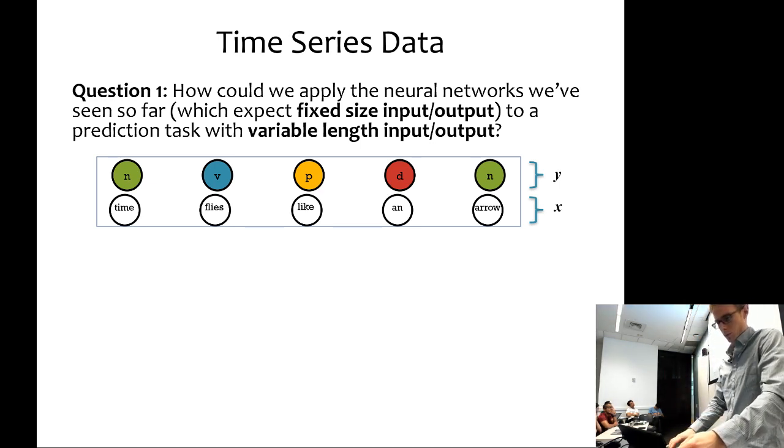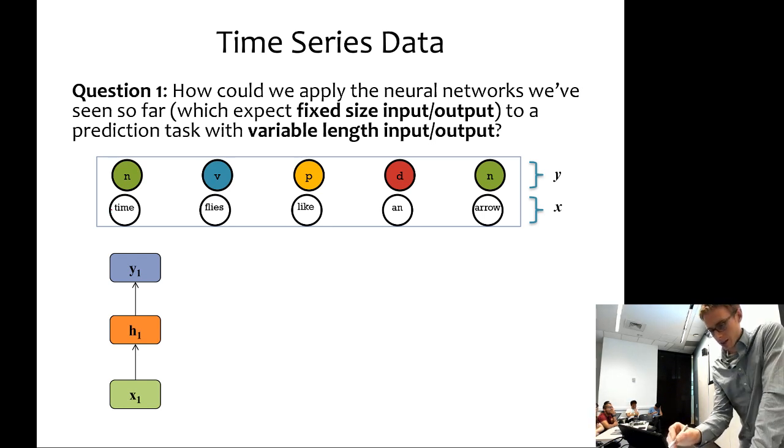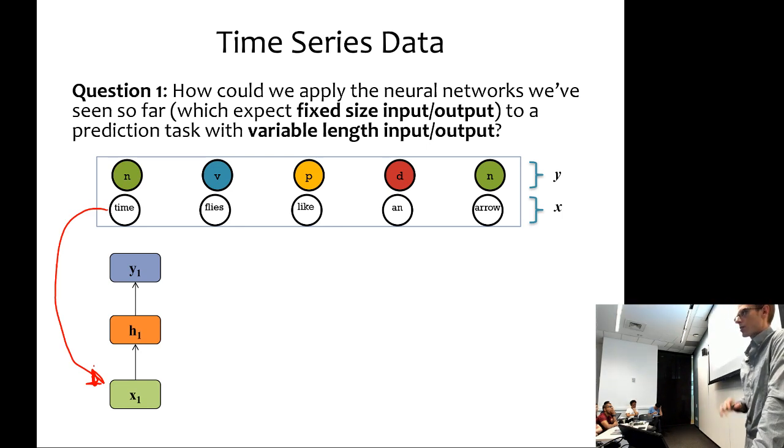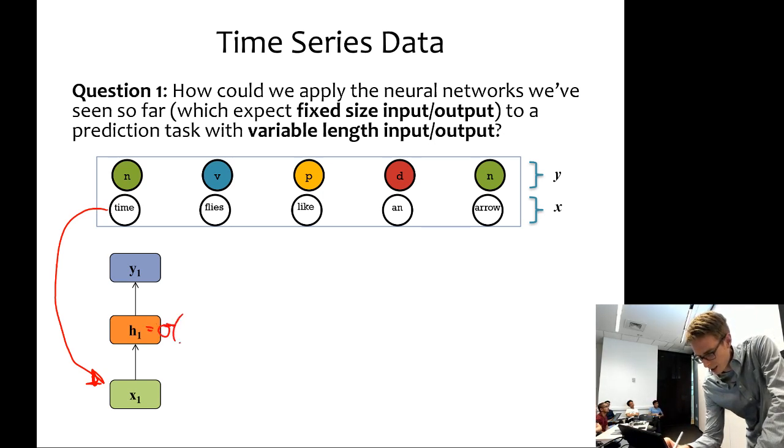Well, one thing that we could do is we could say that this word time is going to give us some vector. We'll have a vector representing that word time. Then we'll just feed it into our usual neural network. So H1 here is probably some nonlinear function like a ReLU applied to W transpose X1 plus a bias.